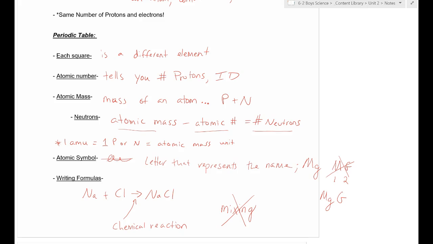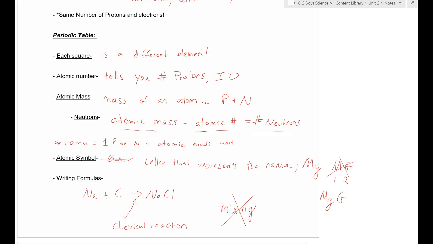So if you then are talking about an individual proton weighs practically nothing. So we made up one AMU, atomic mass unit, to describe the mass of a proton or a neutron. An electron is a 2,000th of one AMU. So that means that it's a 2,000th of something that weighs almost nothing. So we're kind of ignoring the mass of electrons at this point.